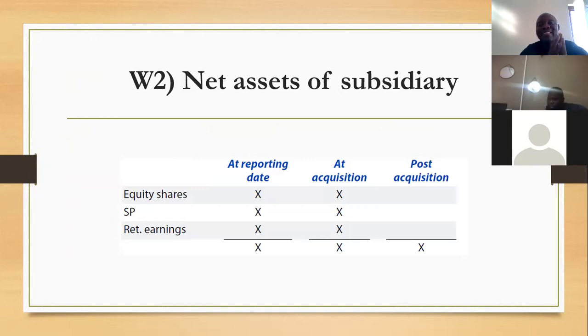So we might actually use this methodical approach to compute the things that we have looked at there under Goodwill and NCI, just to give you an idea of how it can be done.